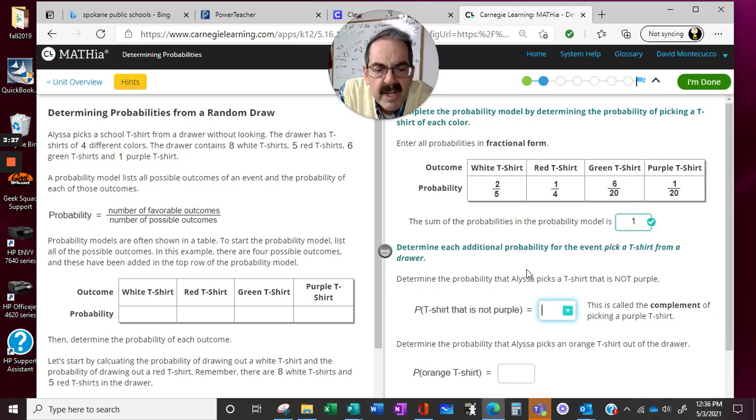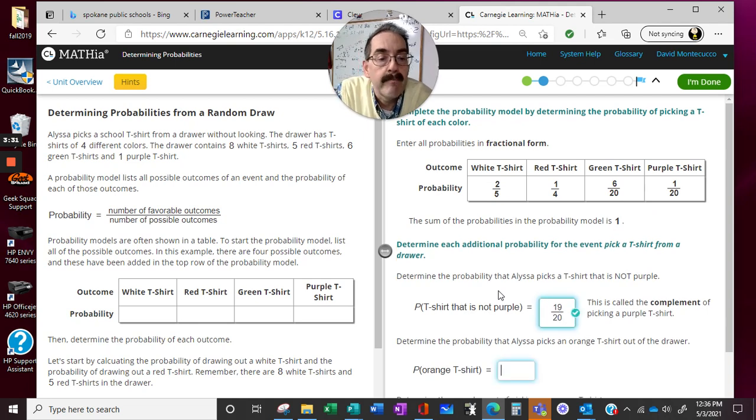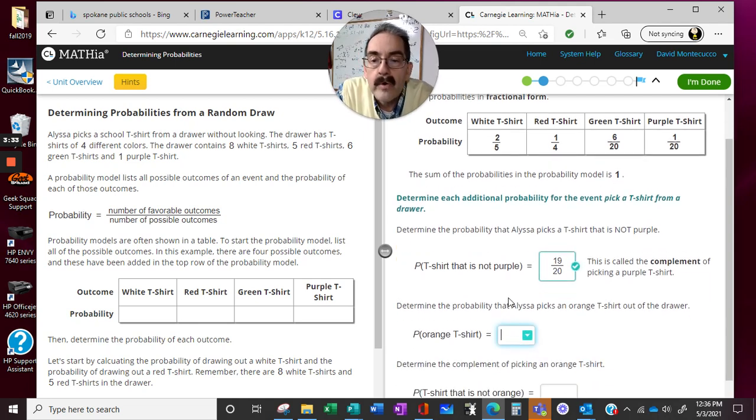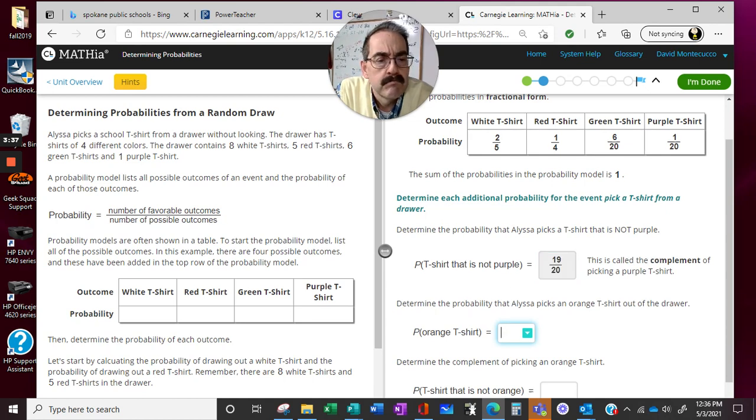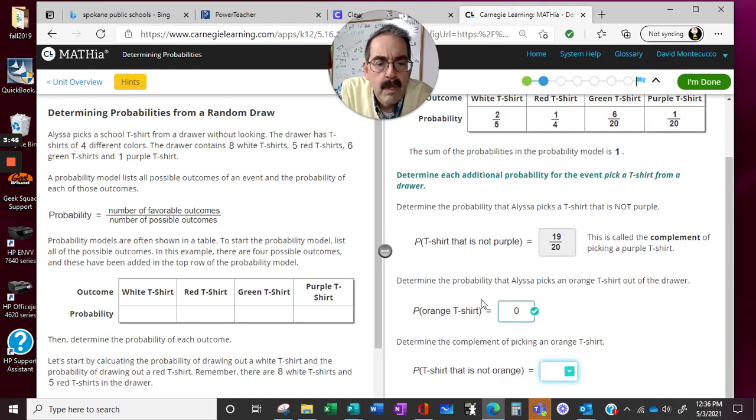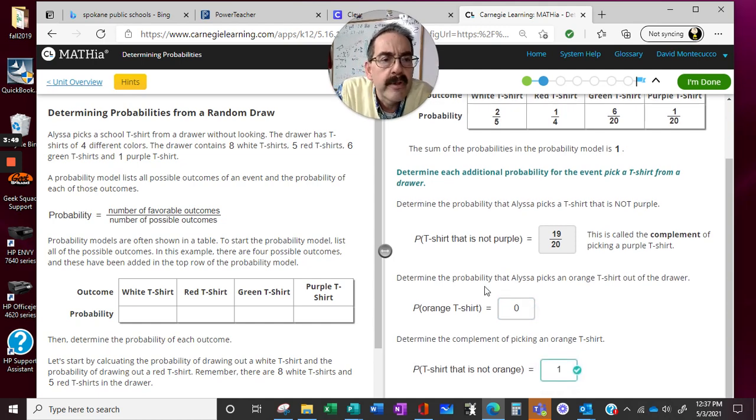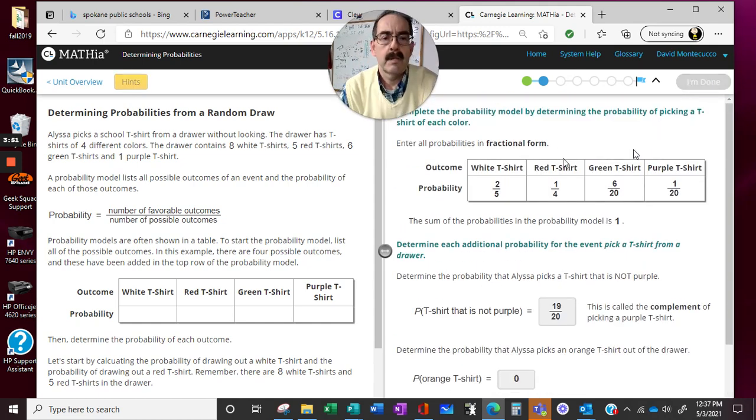Okay, the probability that a t-shirt is not purple, 19 of the 20. Orange. There is no orange. Not orange. None of them are orange, so it's 100%. Okay.